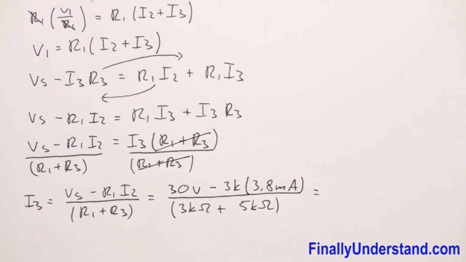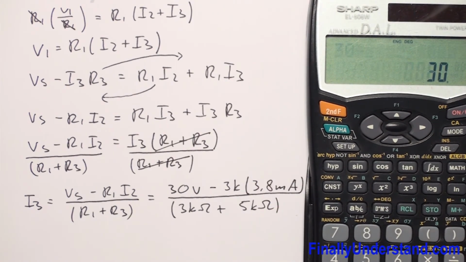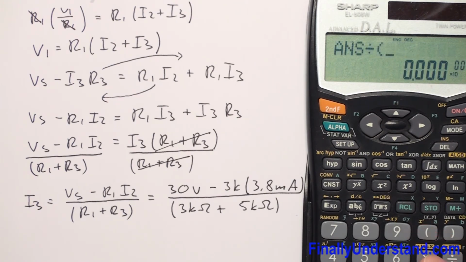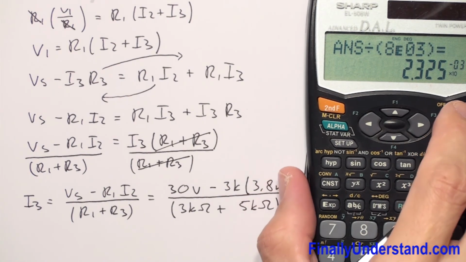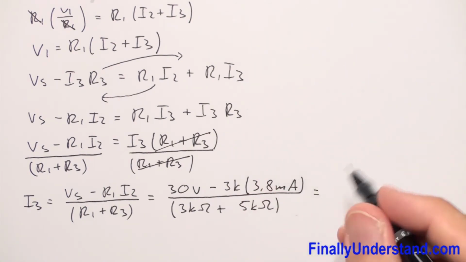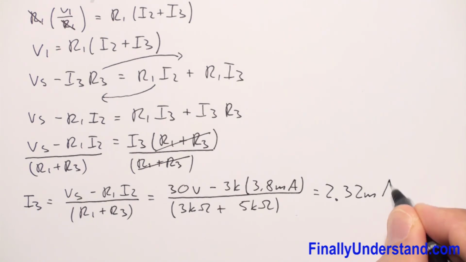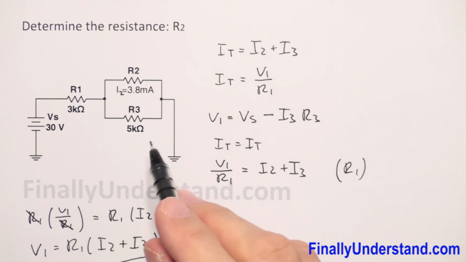I'm going to use the calculator again: 30 minus 3 exponent 3 times 3.8 exponent negative 3, equals, divided by open parenthesis, 3K plus 5K is 8K. This is equal to 2.32 milliamps. So this is the current which will flow through this resistor.